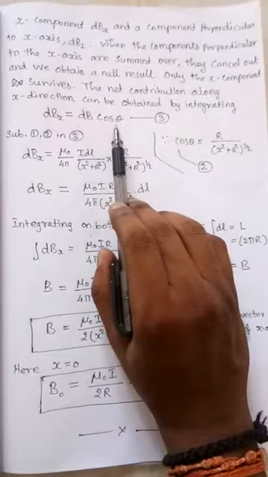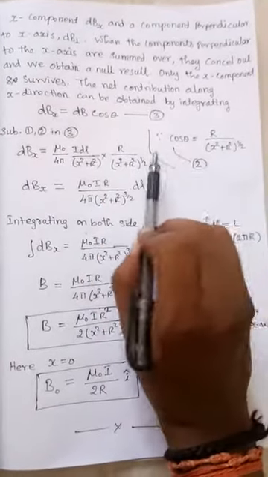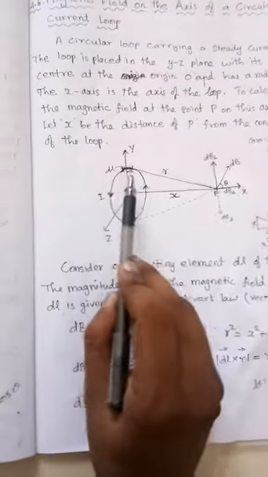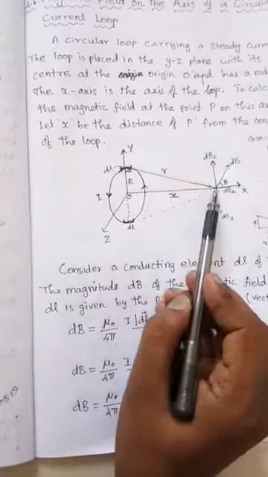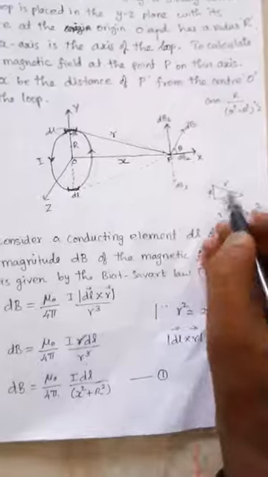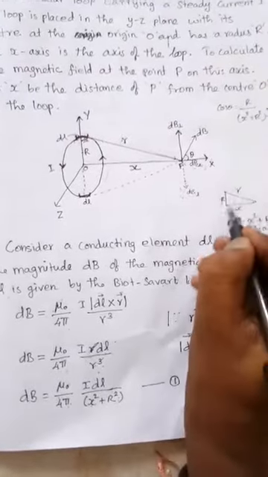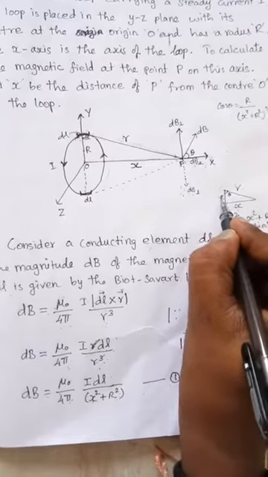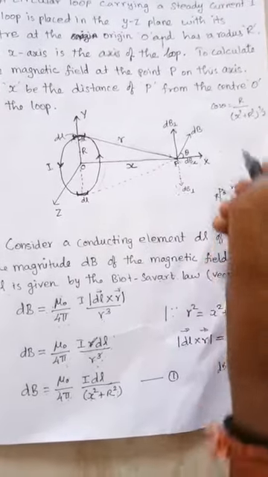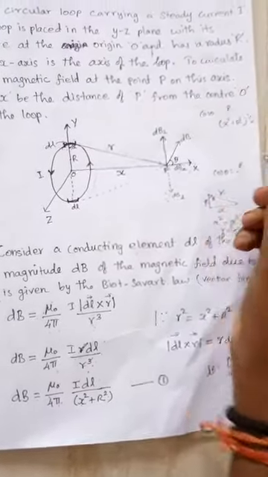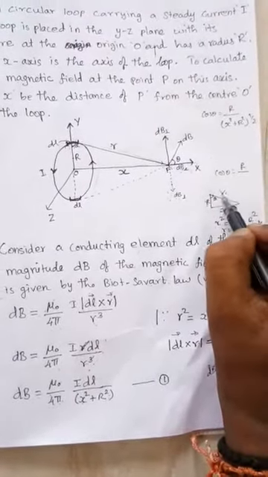Here, first we want to find the cos theta value. How to calculate cos theta? From the diagram, take angle theta. From the right-angle triangle, cos theta is adjacent by hypotenuse, so adjacent is R by hypotenuse r. We want to find r.